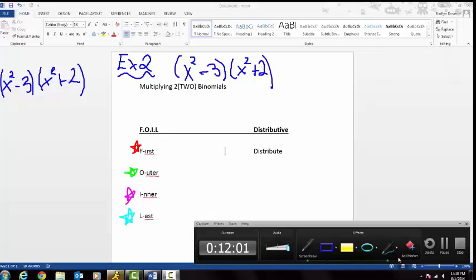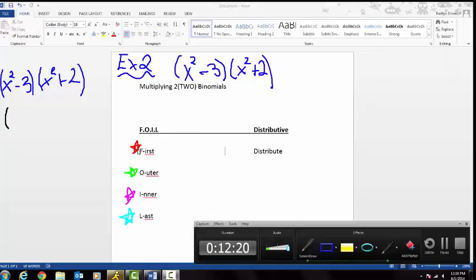Okay, and I'm just going to write in black. So with that being said, I'm going to start off writing the equation.